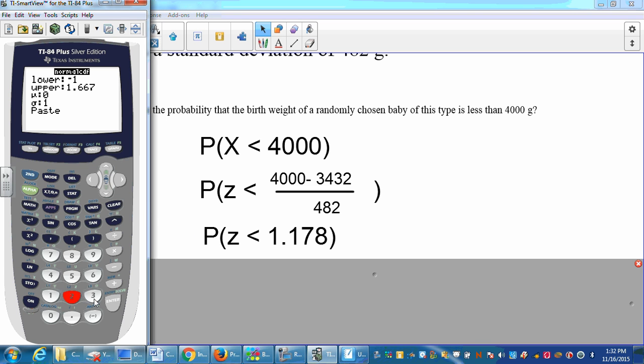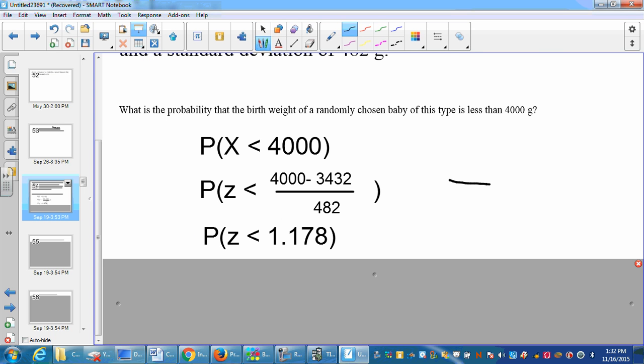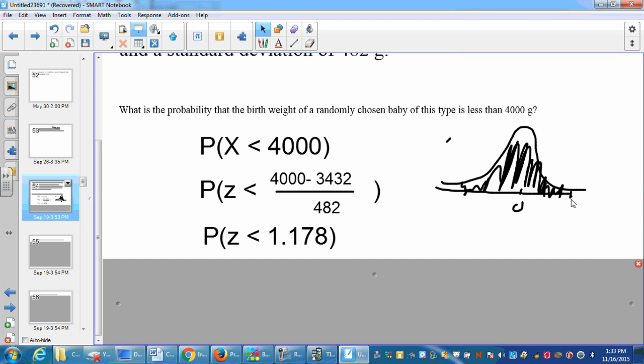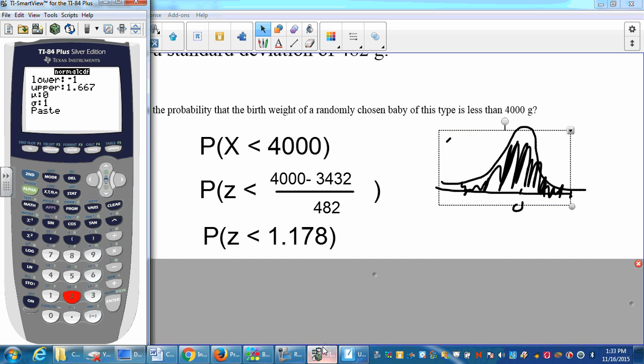So in our normal curve, if I drew this out, we're going to start at 1.178 here and go all the way to the left. On the left-hand side, our x minimum is negative infinity, but on the right-hand side, we want to stop once we get to 1.178. Our lower bound is negative infinity.